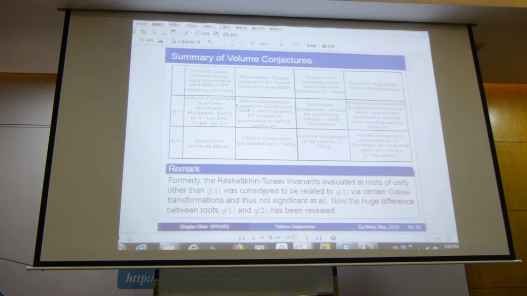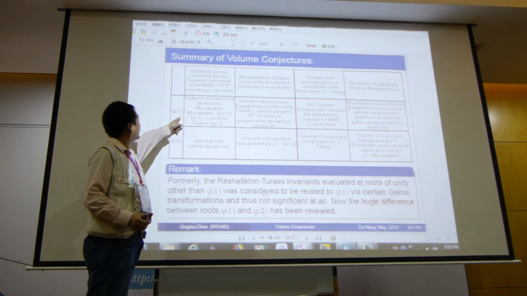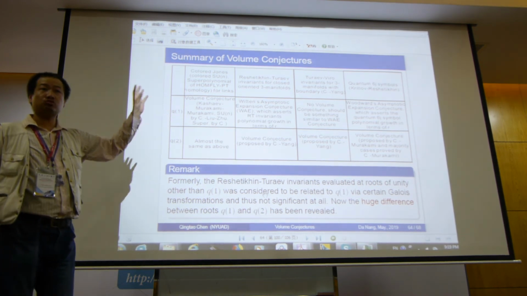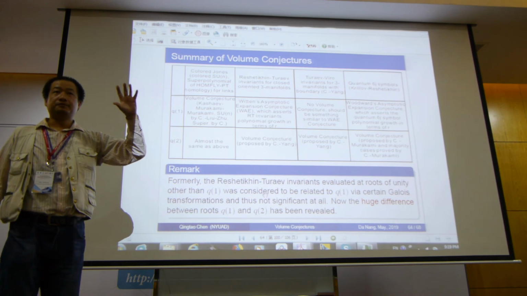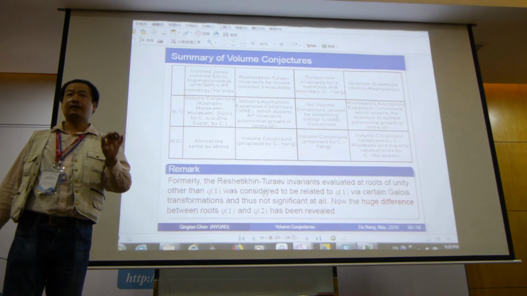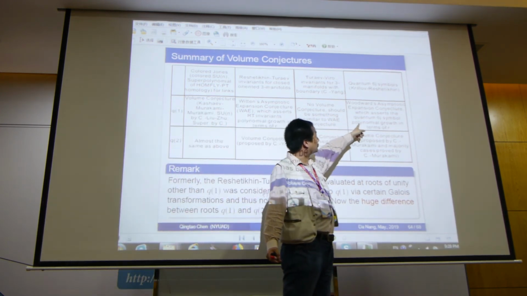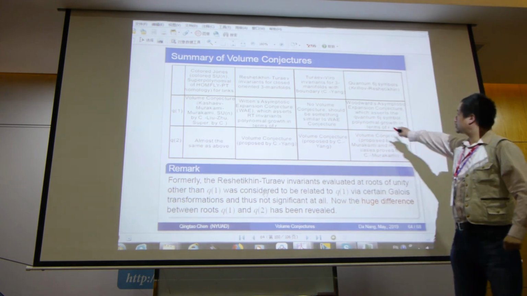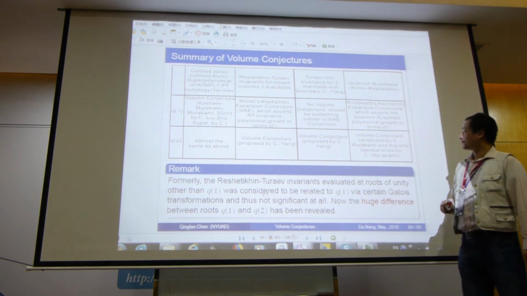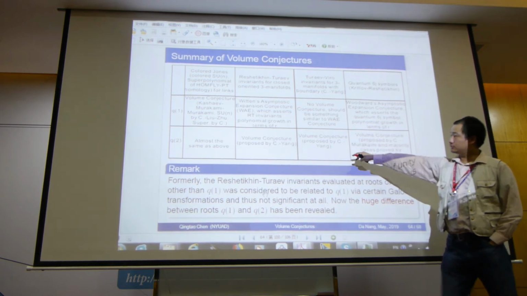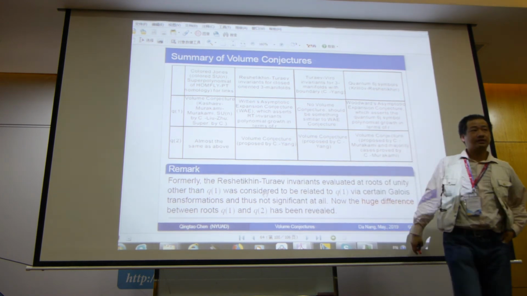Before I mention the new conjecture, I give a counterexample here. This is the Q Kashaev-Jones and super polynomial. Q1 and Q2 are almost the same. They all have volume conjectures. But for the three-dimensional flavor volume conjecture, Q1 and Q2 have a huge difference. Q2 is the square of Q1. For Q1, you have only polynomial growth, including the 6j symbol; this is a conjecture by Woodman. It is also polynomial growth. Therefore, at the root of unity, Q2 is the square of Q1, so it is all exponential growth, and we have volume conjectures.